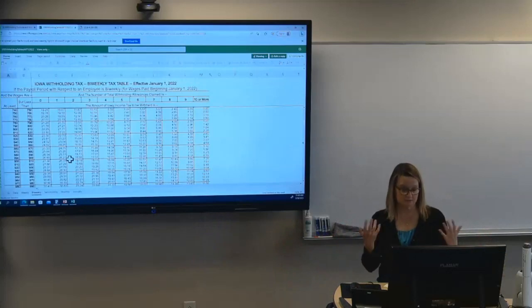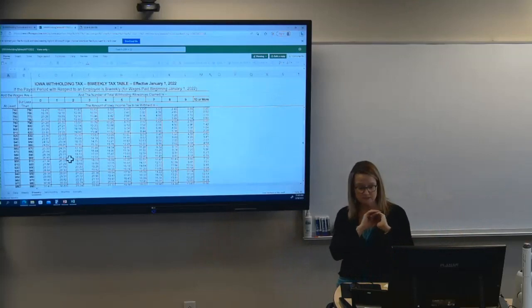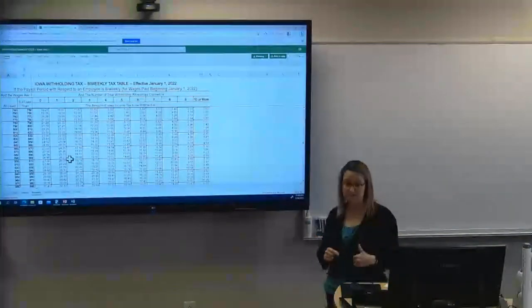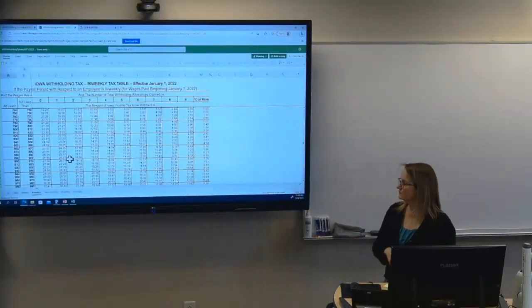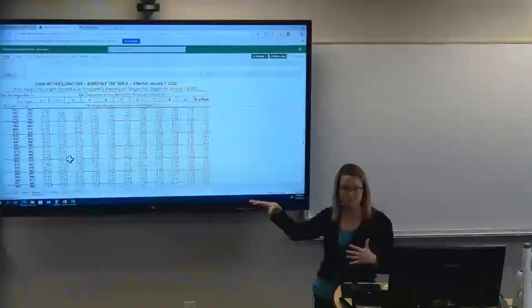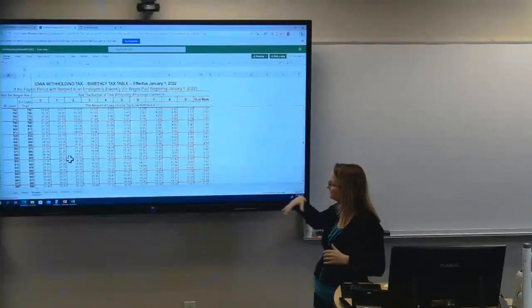If your income has not changed, you will see that even if your income has stayed exactly the same, the amount of withholding that is occurring at the state level has gone down. That is a reflection of the tax rates going down. So that is being implemented at the withholding level, at the paycheck level.